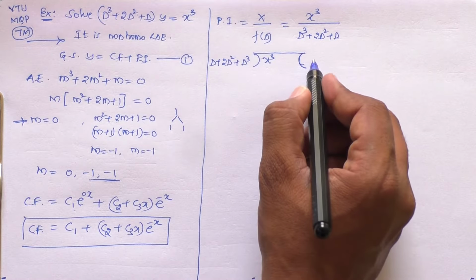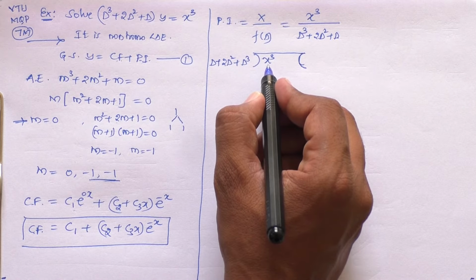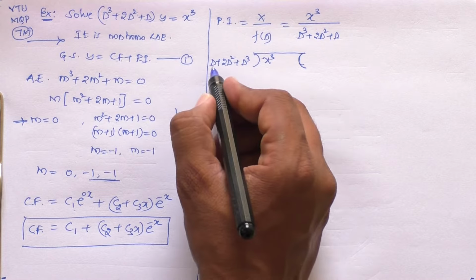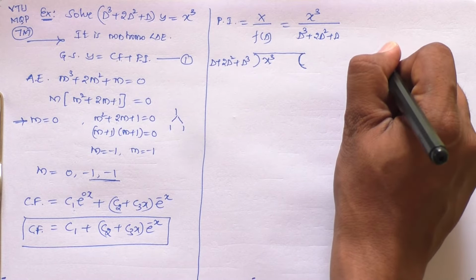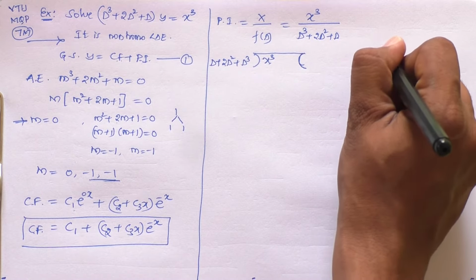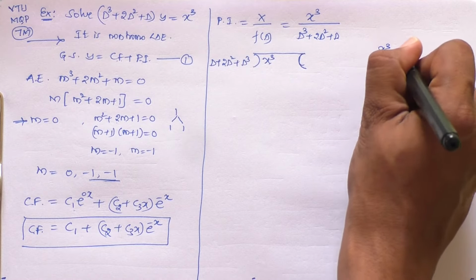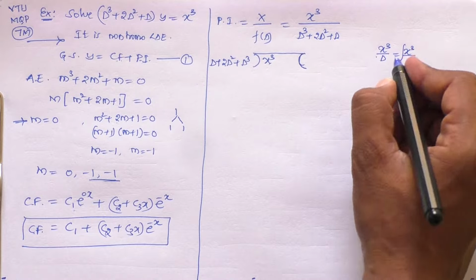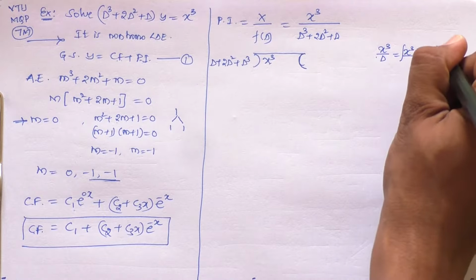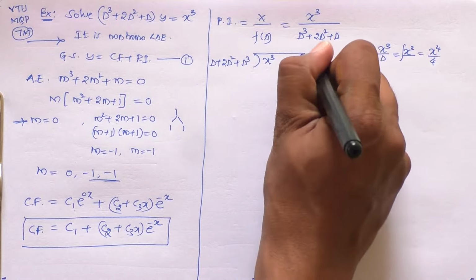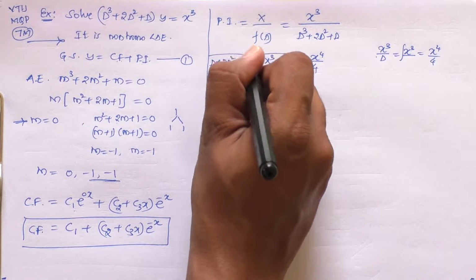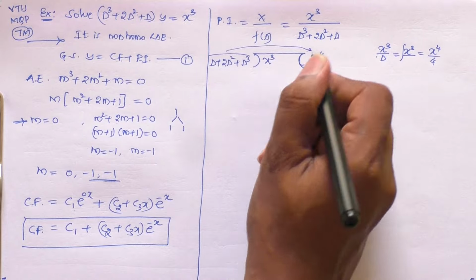To choose the quotient, divide x cube by the first term. x cube divided by D means integration of x cube, which is x raised to 4 by 4. So choose the quotient x raised to 4 by 4 and multiply all terms by it.